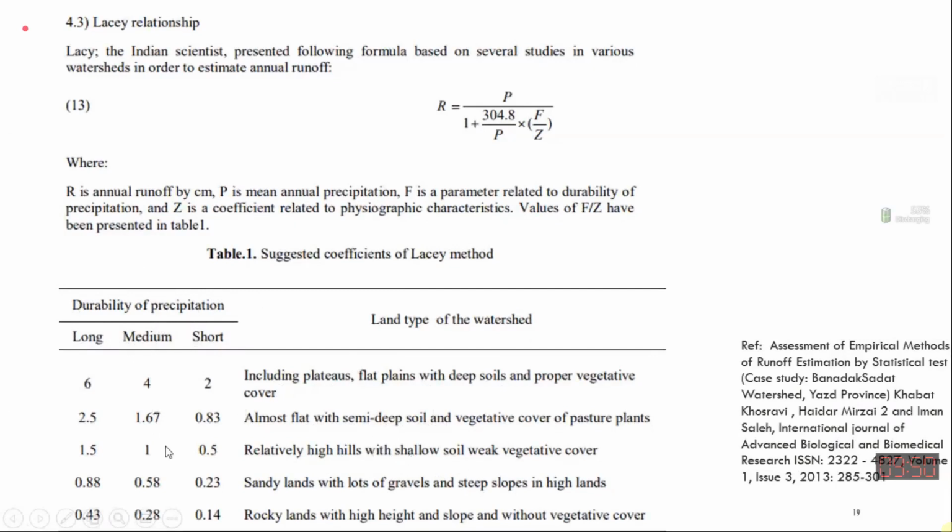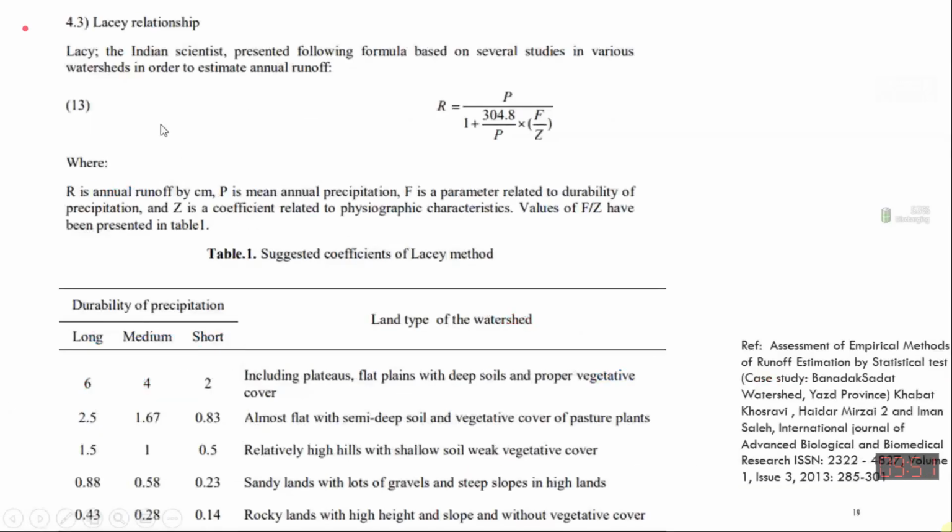Knowing these two factors, we can find the F over Z value from this table, the suggested coefficients of the Lacey method. If we know the F over Z value for that catchment, we can find the runoff in centimeters if the precipitation is given in centimeters.